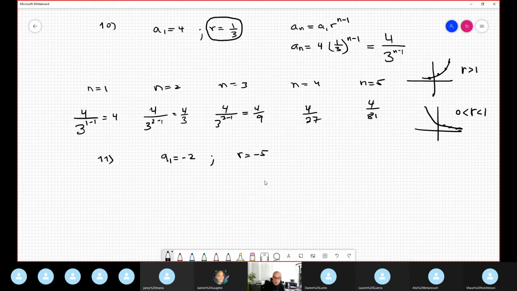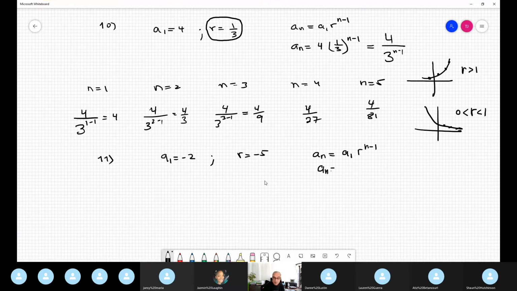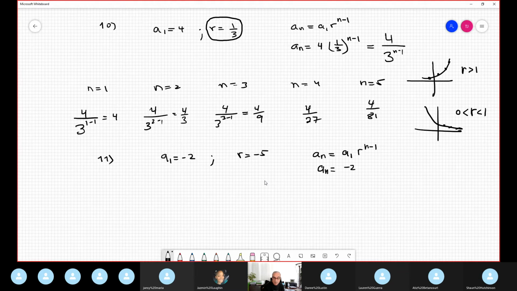Okay. The formula: a sub n is equal to a1 times r to the n minus 1. In our specific example, a sub n is negative 2 times (negative 5) raised to the n minus 1. Now leave it like that, yeah, why not?